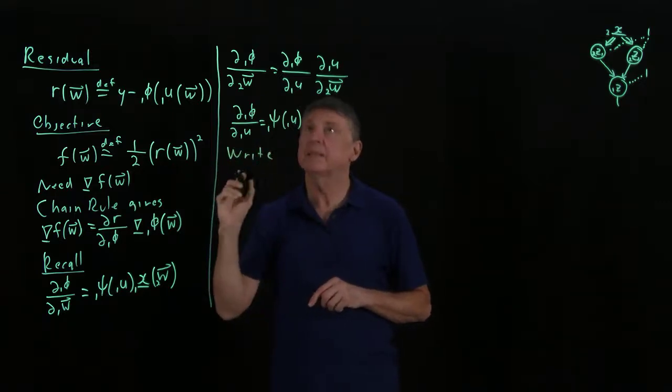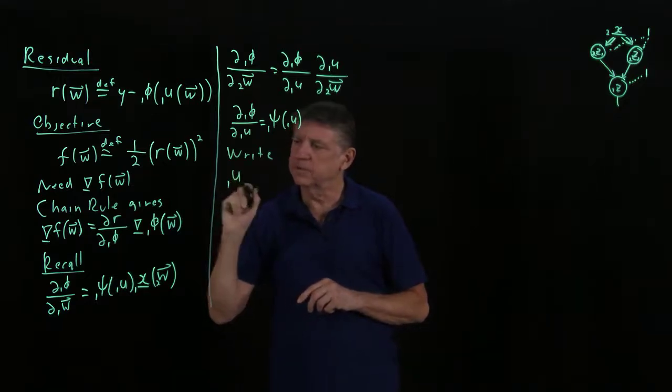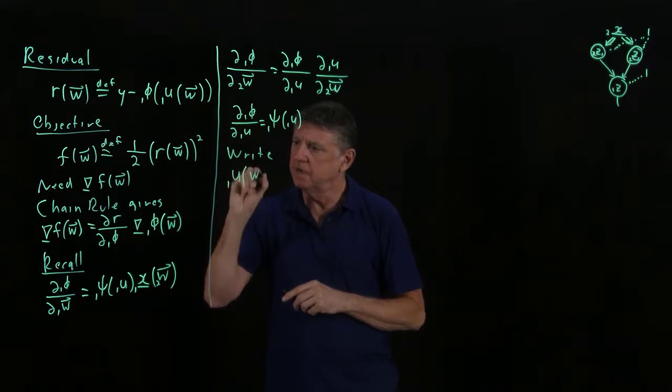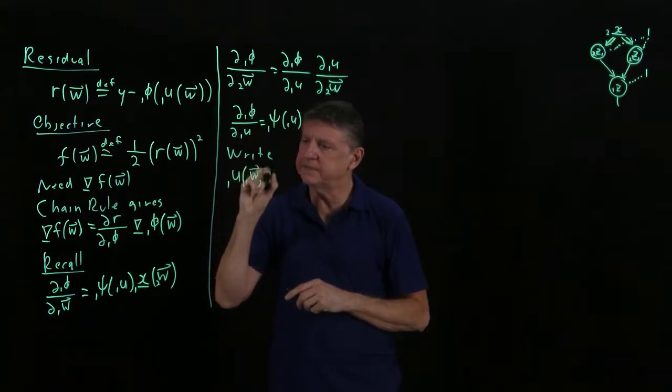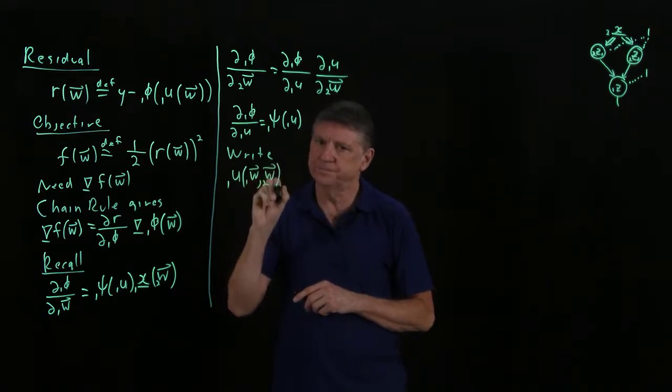So for this remaining term, let's write that the linear product for this output neuron is a function of its own weights and all of the weights in layer 2.